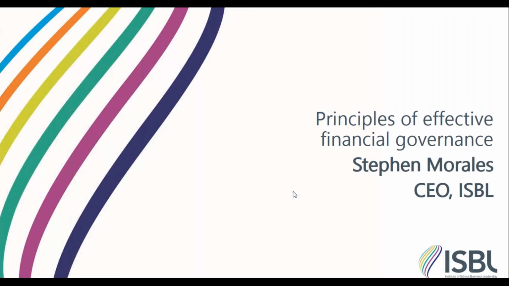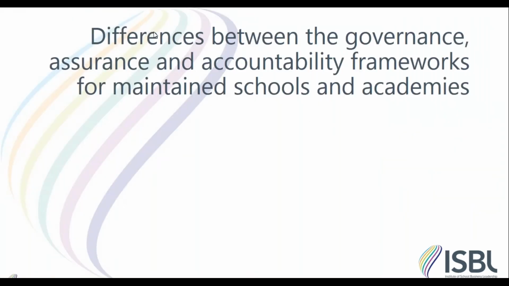So we're going to talk. The title of this presentation is "Principles of Good Financial Governance," but actually, as much as the principles, we are going to touch on the differences between governance, assurance, and accountability frameworks for both maintained schools and academies, and we'll touch on a description of the various schools that operate within our system.